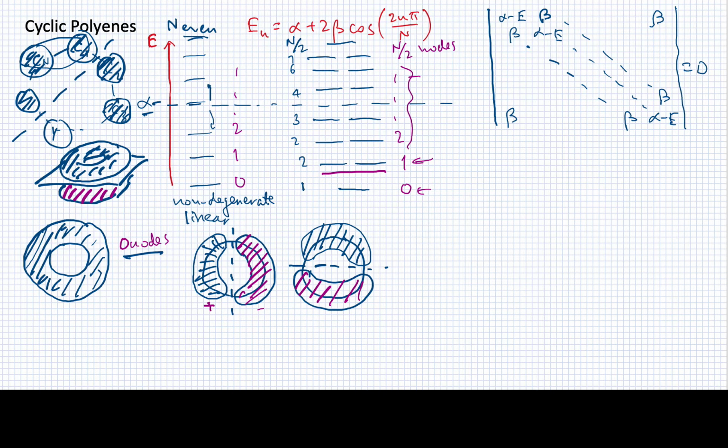Now, can I persuade myself that these two are orthogonal to one another? Well, imagine if I were to overlay, that is to say, make the product of this molecular orbital with this molecular orbital. If I did that, and I'm going to do this in red just so it's visible, if I were to take this lobe and put it on top here, it would be something like this.